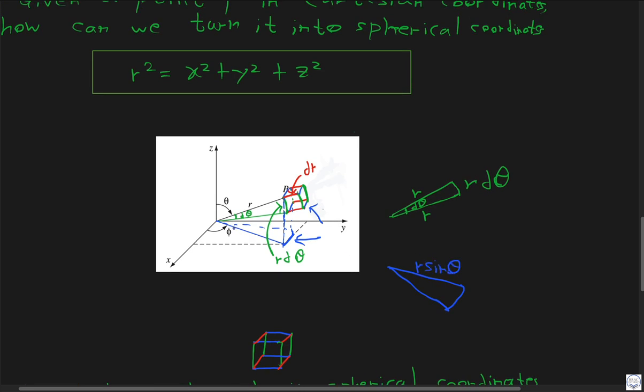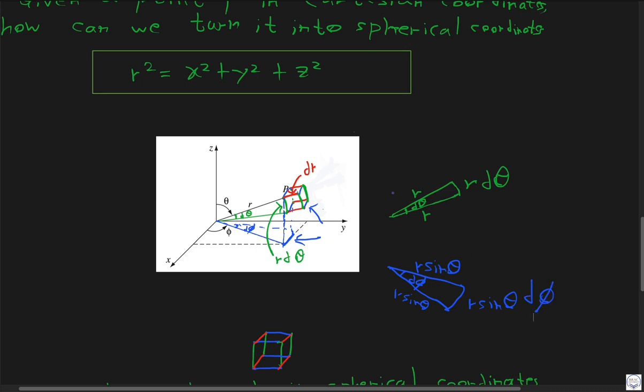Now we move a very small angle phi, so we call that d phi. This is a circular segment, so this other side is going to be r sine theta as well. This arc length is the radius times the angle, so you've got r sine theta times d phi.